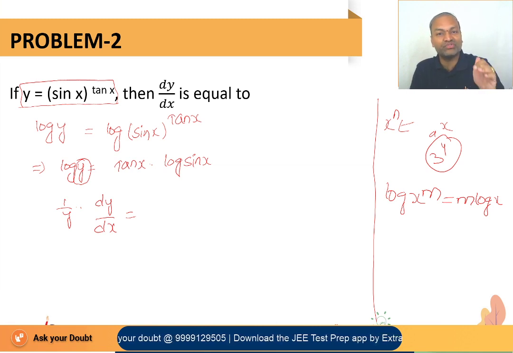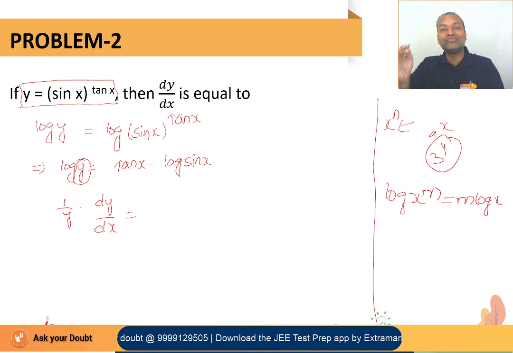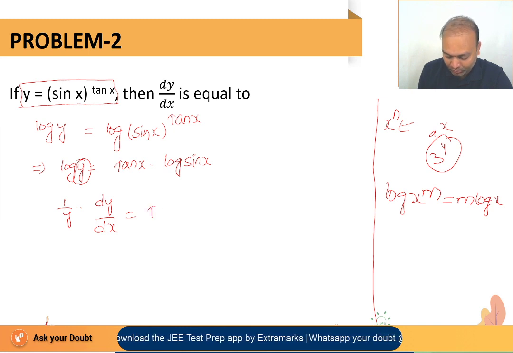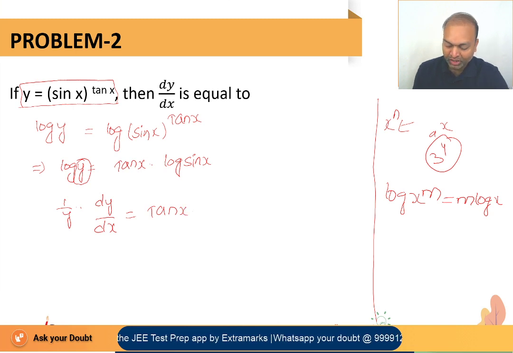Immediately apply which formula? U into V, the product rule formula. What about the derivative formula? U into derivative of V. So that is tan x into derivative of log sin x.